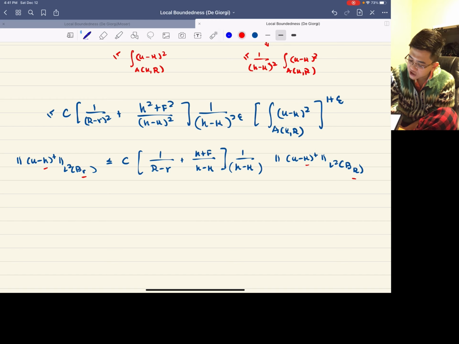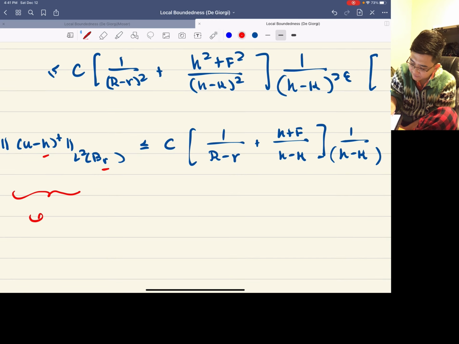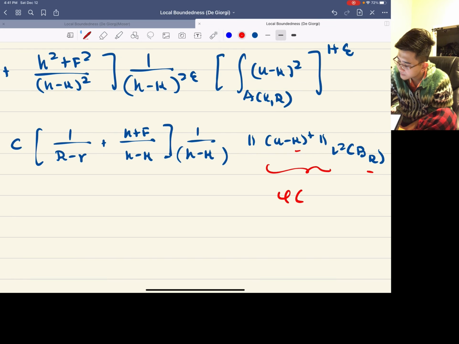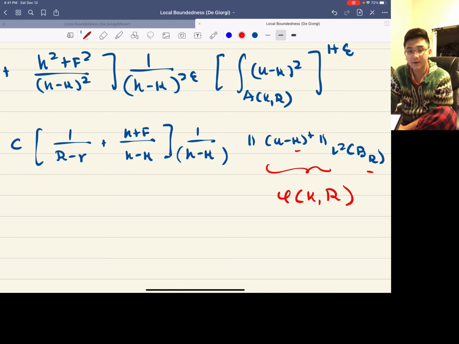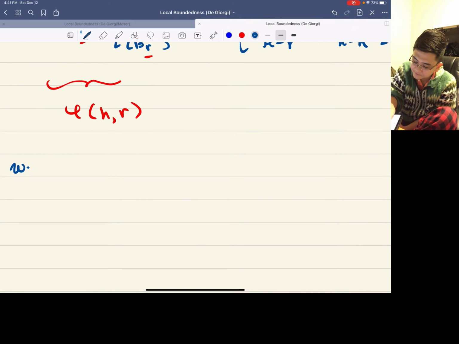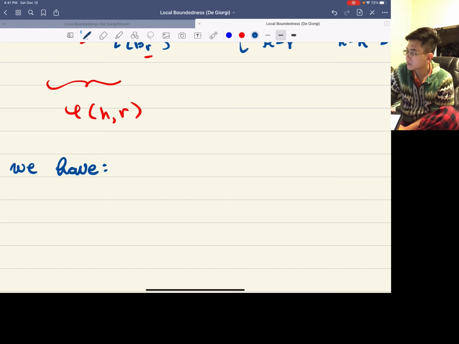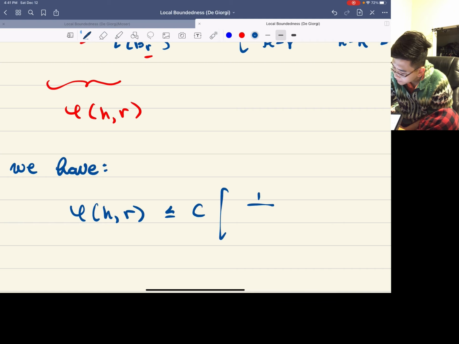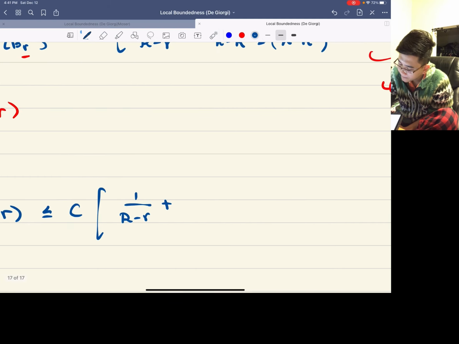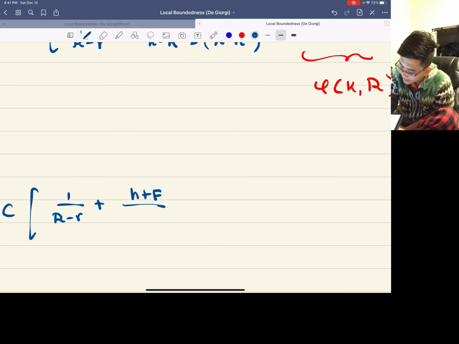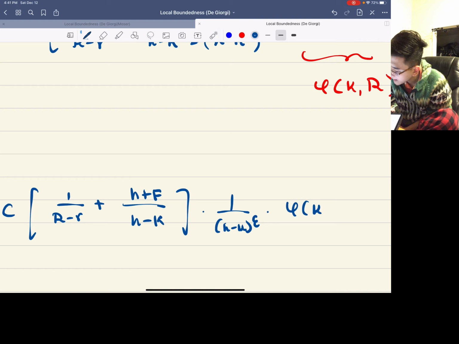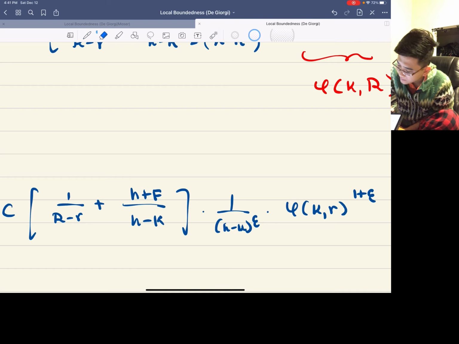So just some notation, I am going to call this phi of h, little r, and this phi of k, big R. So what we have is phi of h, r is less than or equal to c times (1 over (R minus r) plus (h plus f) over (h minus k)) times 1 over (h minus k) to the epsilon times phi of k, R to the 1 plus epsilon.